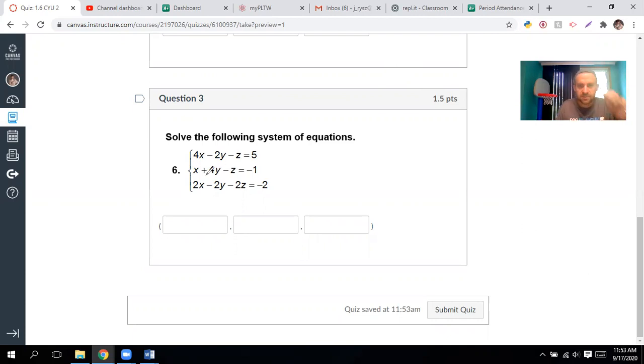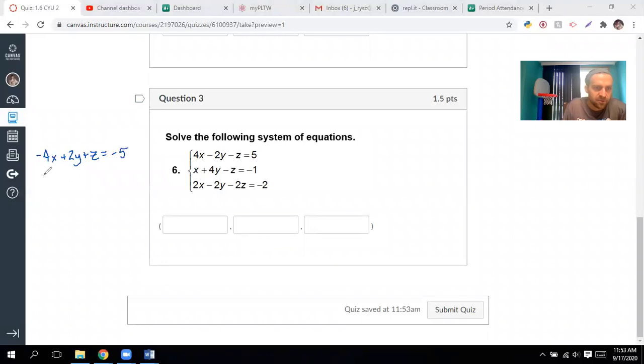All right, so if I was going to look at these ones here, what looks good? Well, maybe I'll get rid of the z's here, because all I need to do on this first one is multiply this top row by -1 and leave the bottom row alone, and we'll get rid of the z. So if I multiply the top row by -1, I get -4x plus 2y plus z equals -5.